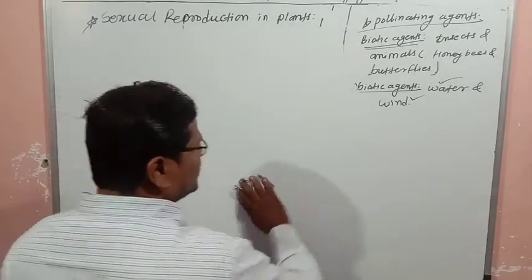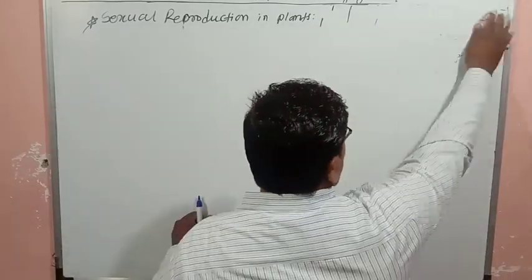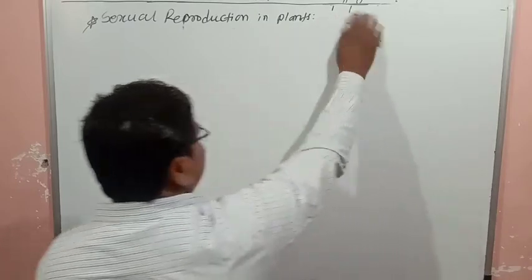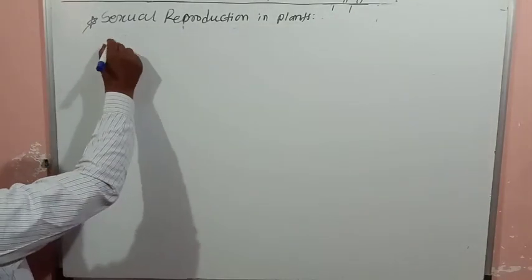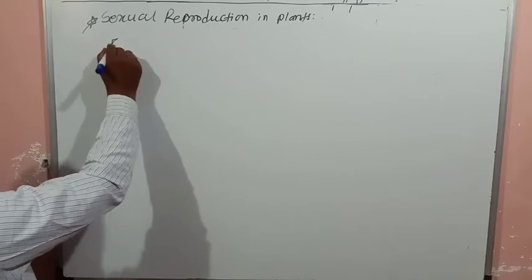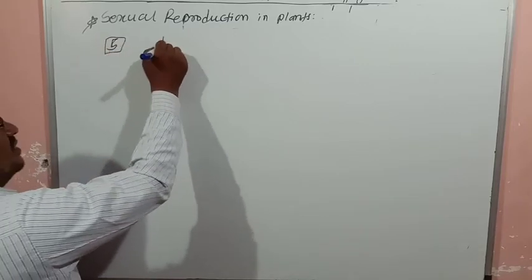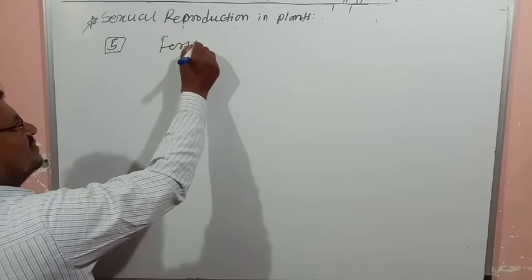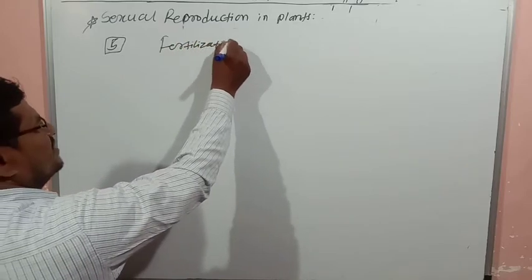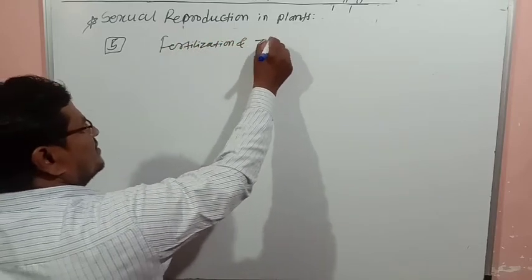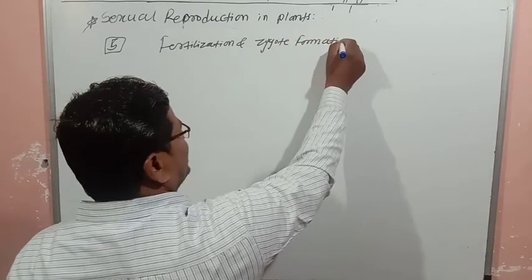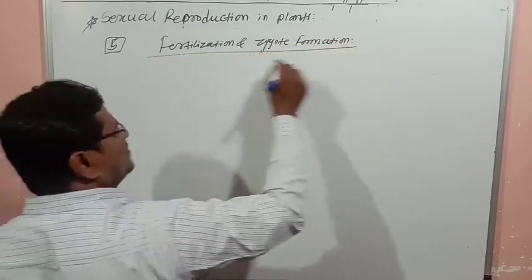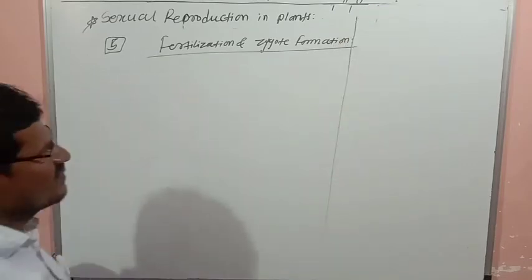The main fifth point is fertilization and zygote formation.